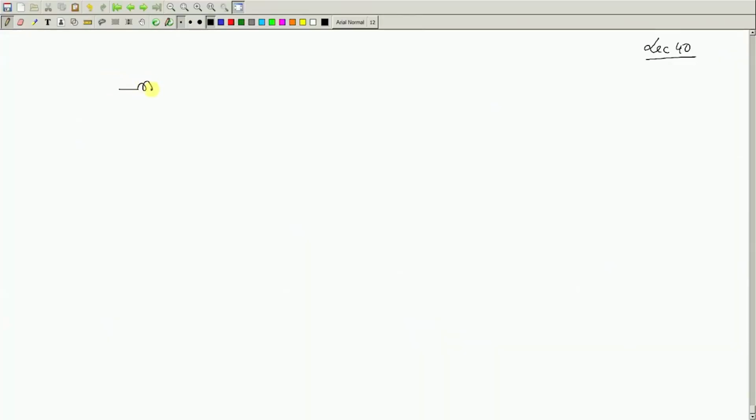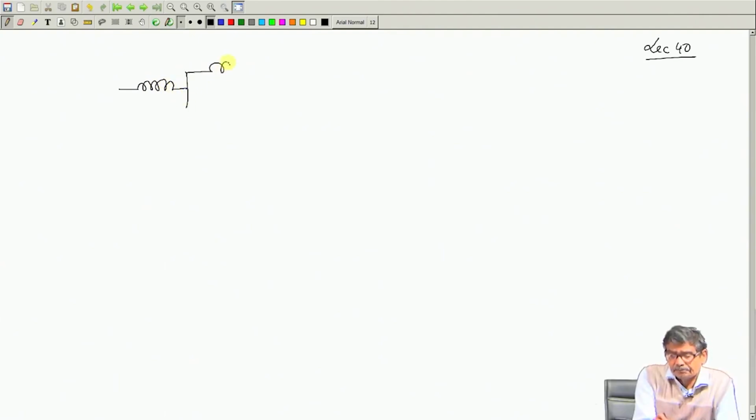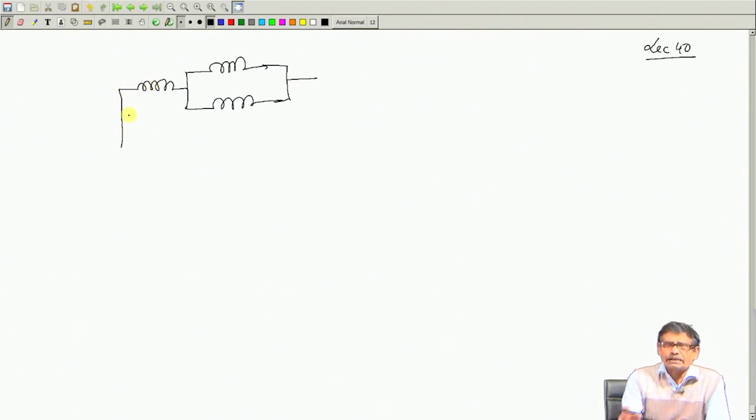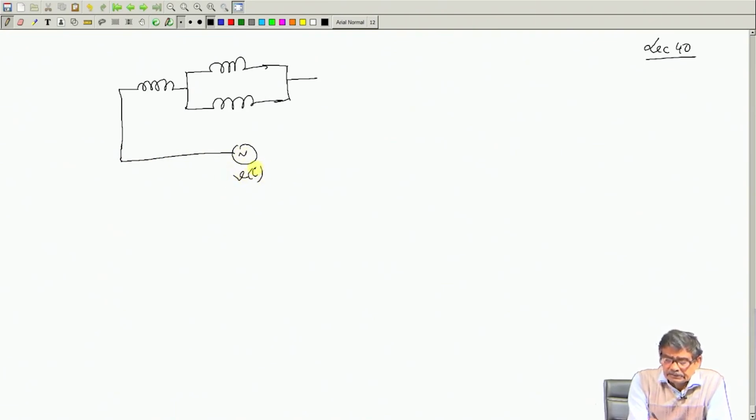For example, say there are 3 coils. Very quickly I will do this, and this time rather easily, without drawing those circles and so on. Suppose there are 3 coils here with some AC voltage Vt connected, plus minus.